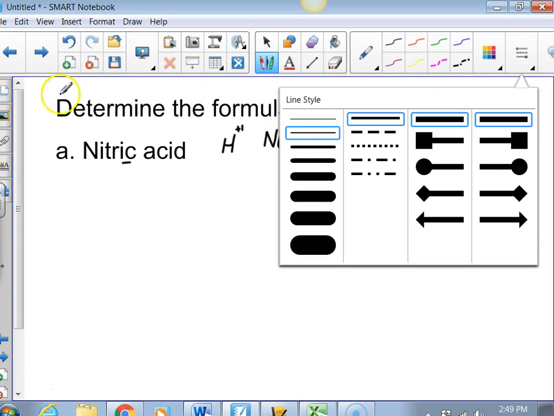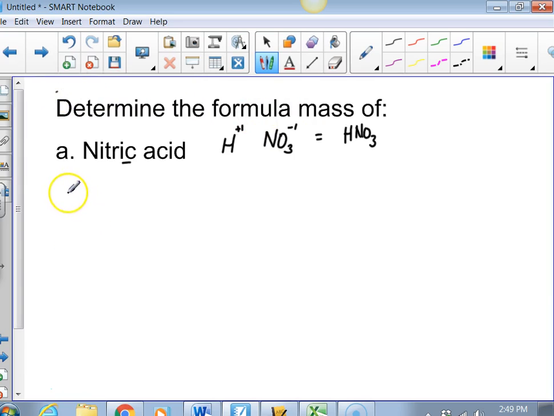So once we find the formula, we then know that we have in the formula 1 atom of hydrogen, 1 atom of nitrogen, and, make that, 3 atoms of oxygen. We then convert atoms to mass.